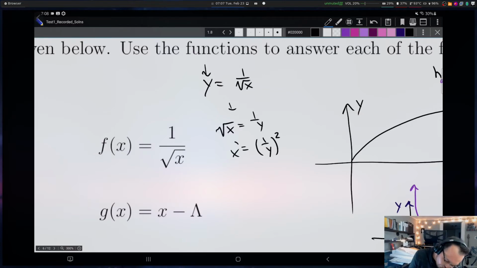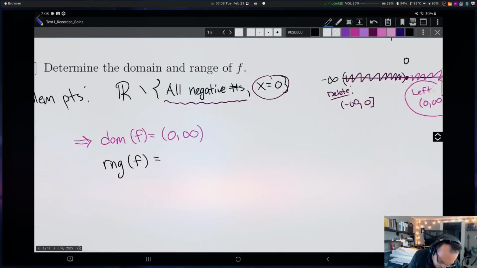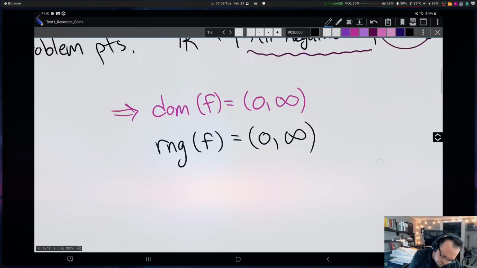So I've solved for x in terms of my favorite number y, and this just says if I plug in x equals 1 over y squared into that equation, then I get my favorite y back. As long as y is positive, I can solve this. And not 0, right? Because here I tried to divide by y. There are some ways to reason through it, but what ends up happening here is that the range is just all positive numbers.